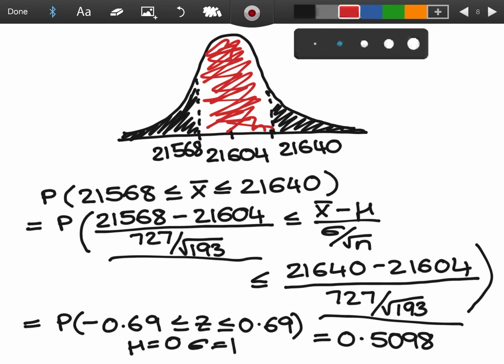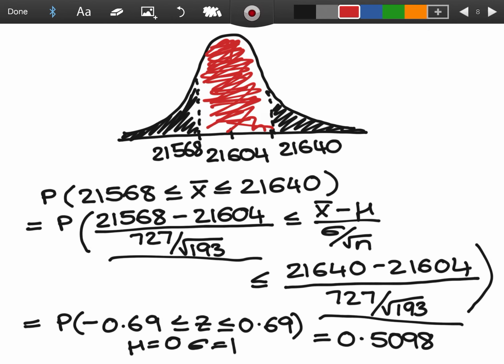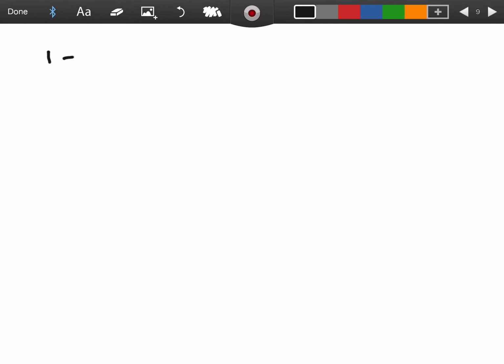But what we have done, as I said, is we have figured out the probability that you land in this area here, so that the sample mean will differ from this population mean by less than 36. But we want the probability that it differs by more than 36, which is these areas out here. So what I need to do is 1 minus this answer.